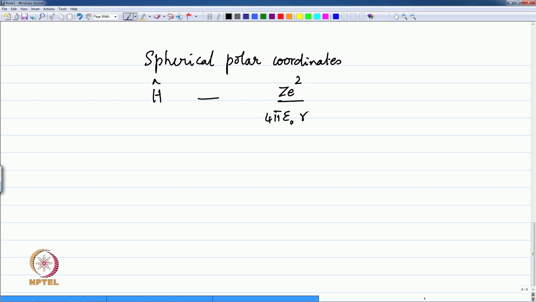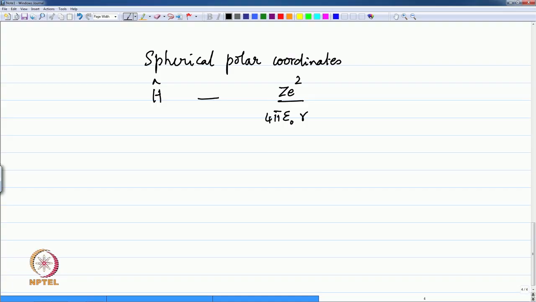Therefore, the important contribution to the stability of the hydrogen atom, which is the binding energy between the two Coulombic charges, being spherically symmetrical, the system is better described using the spherical polar coordinates, which if you recall have three variables: the radius of the sphere and then the polar angles theta and phi on the sphere.